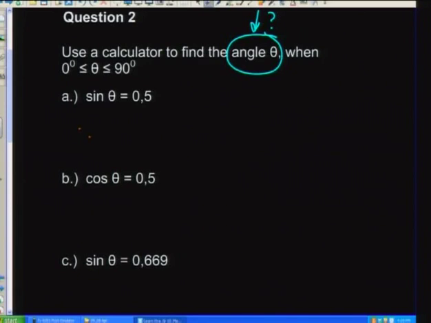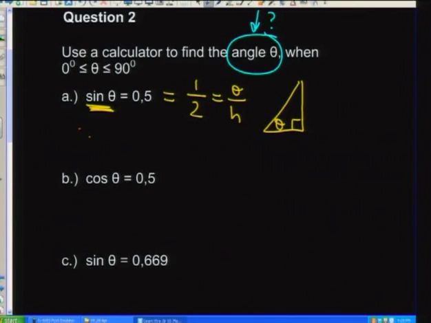So if we had to rewrite this, it is the same thing as a half. If you can imagine what we're talking about, we would have a diagram with an angle theta, and where would the 1 be and where would the 2 be? The sine ratio tells us that it is always going to be the opposite over the hypotenuse.